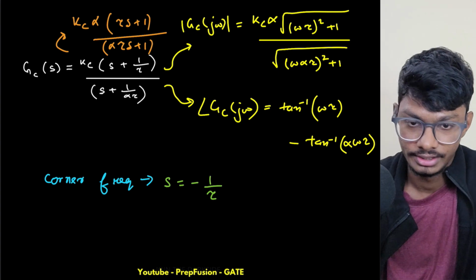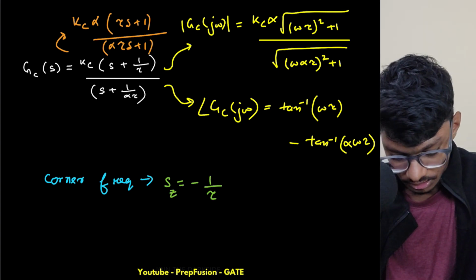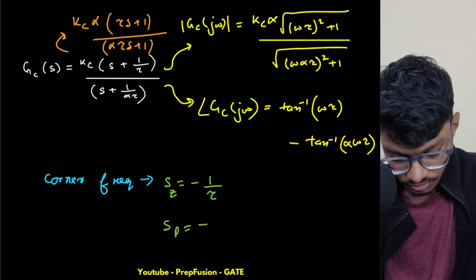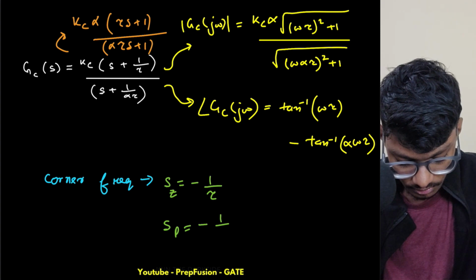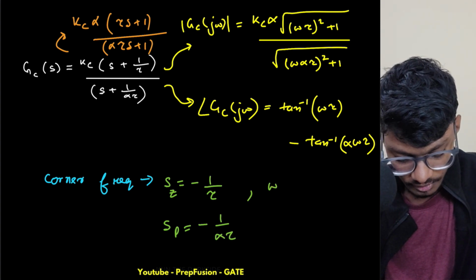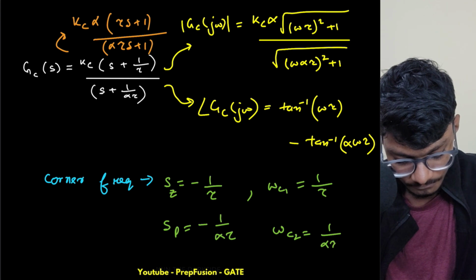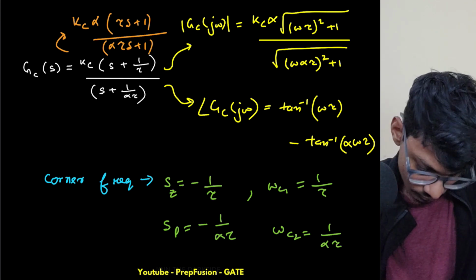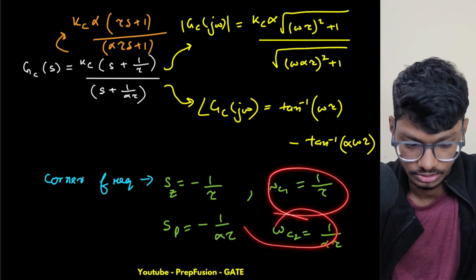Then we'll get a pole at s equals minus 1 by alpha tau. So my corner frequency omega c1 will be 1 by tau, and omega c2 will be 1 by alpha tau. First this will come and then the other corner frequency.